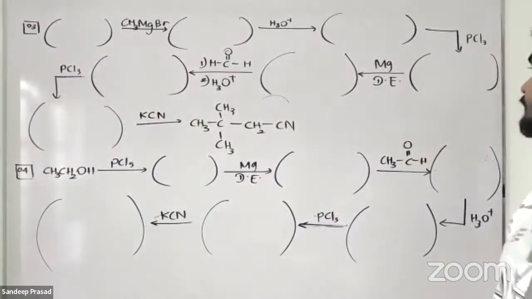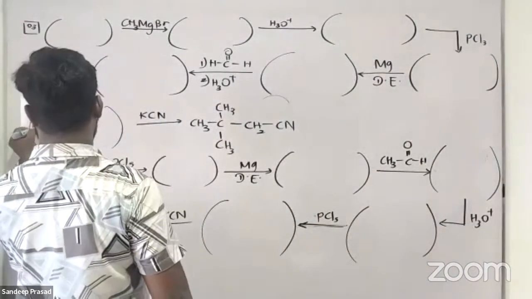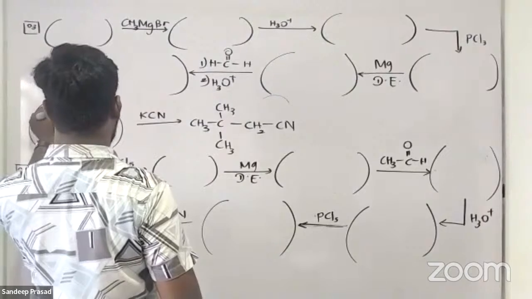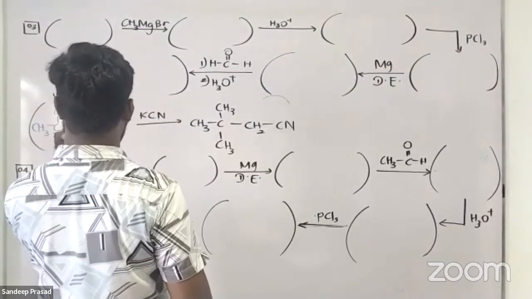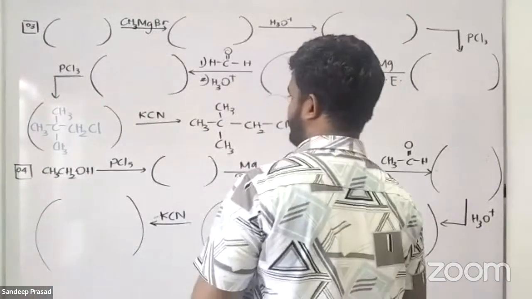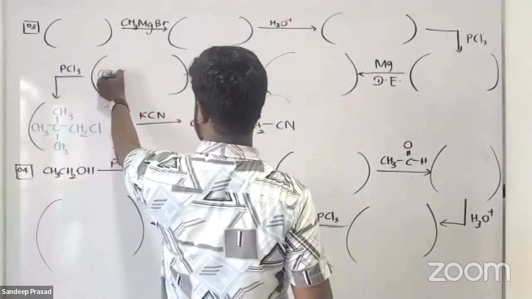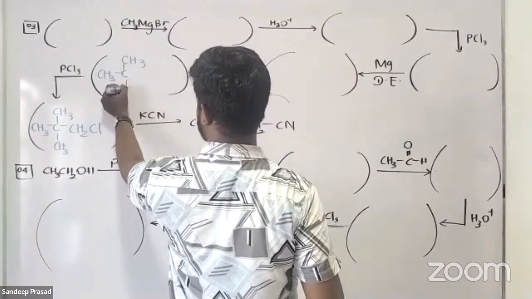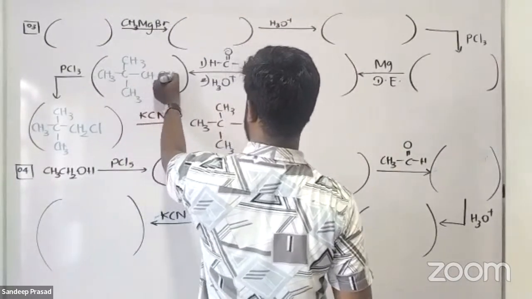Let's move to the third one. Reverse. Potassium cyanide, KCN, is added. That means previously we had alkyl halide, CH3CH2Cl. And before that, of course, we had alcohol, CH2OH.